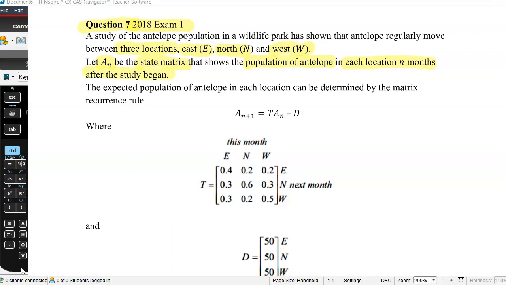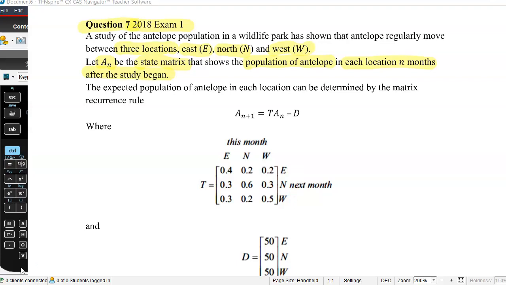The expected population in each location can be determined by the matrix recurrence rule. So there it is, where we've got our transition matrix, this month, next month.